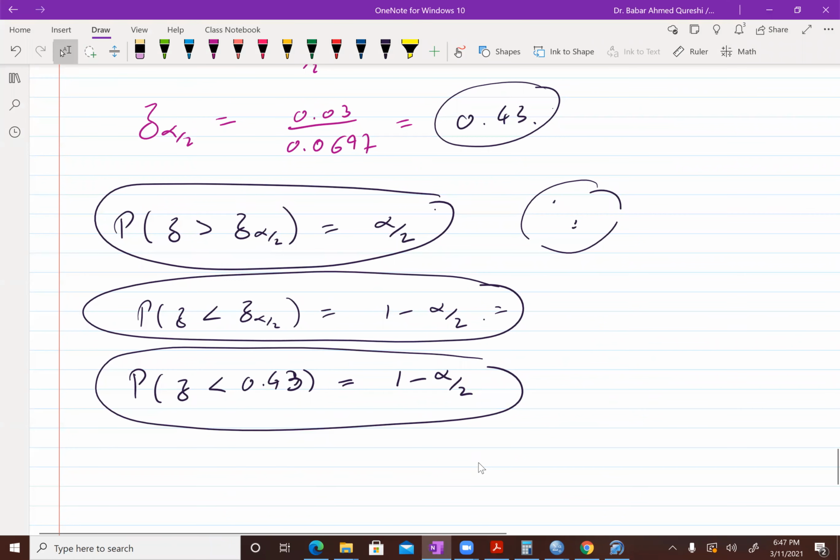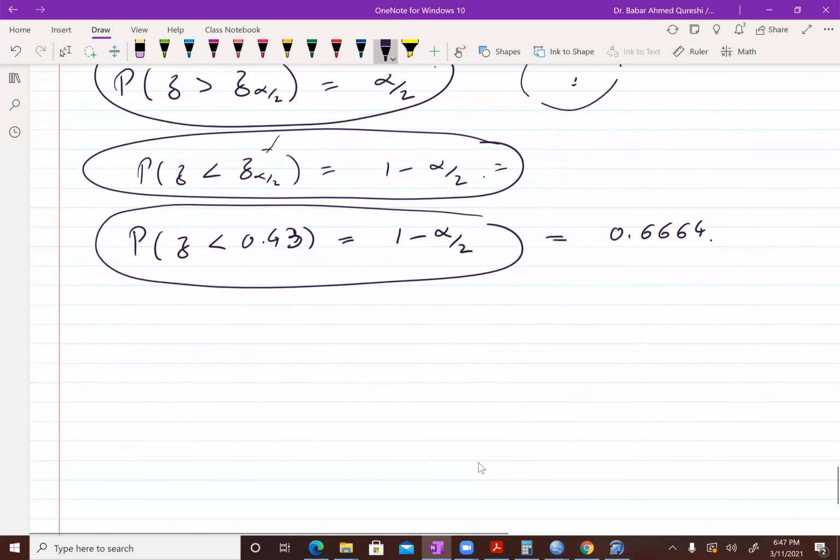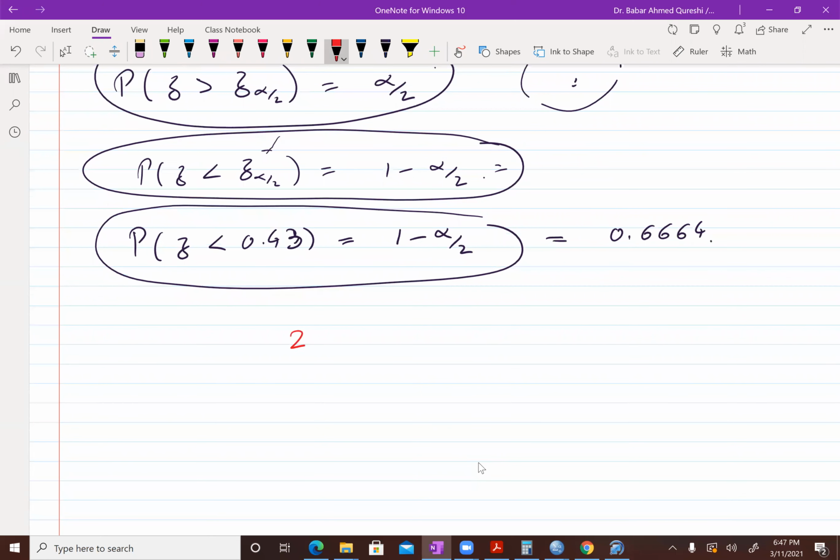Because in this case, you already knew the critical value, you're just computing the probability. So this probability is 0.6664. So that gives you 2 minus alpha is equal to 1.3328, just multiplying this by 2. And that gives you an alpha equal to 0.6672. And that gives you a beta of 0.33.